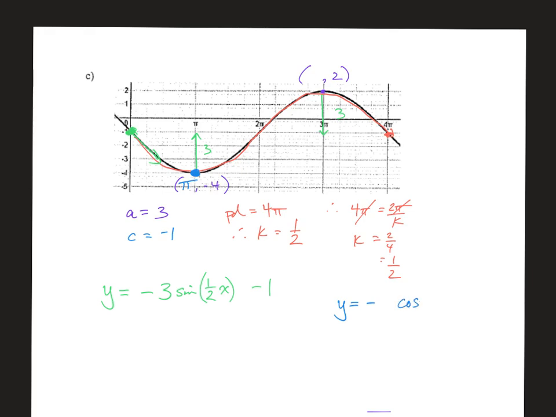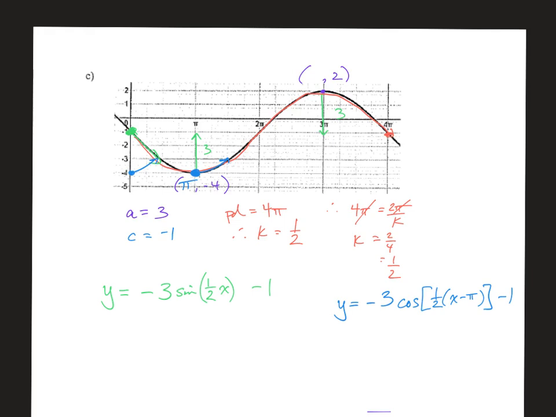Reflecting my cos graph puts me on the bottom, rising, which is just like what's happening at my minimum. So if I deal with my amplitude and my stretch factor, then I notice that all I have to do is shift that curve to the right pi units.